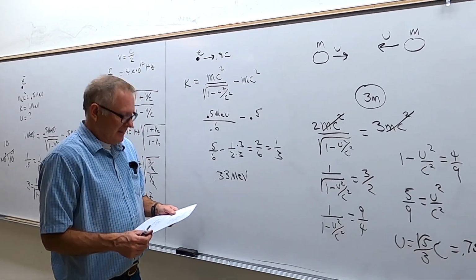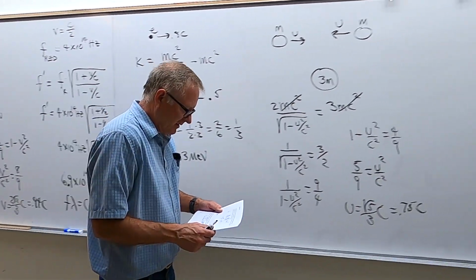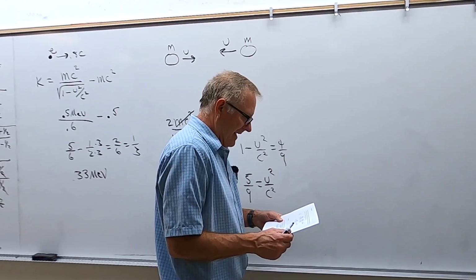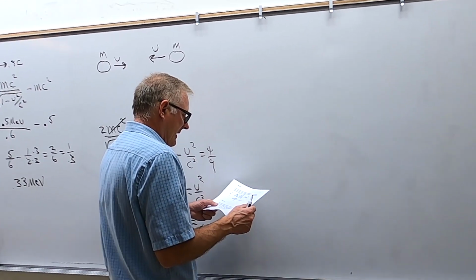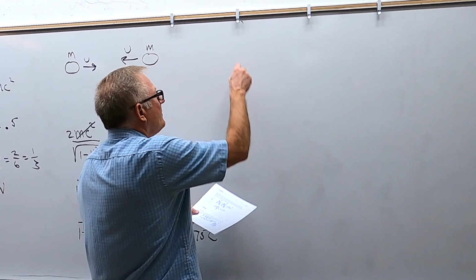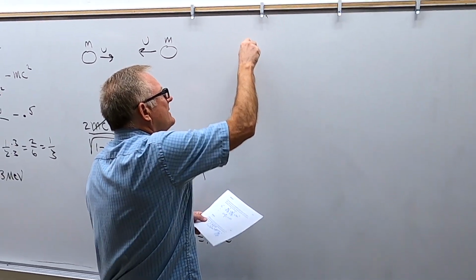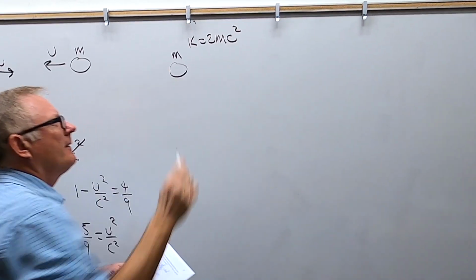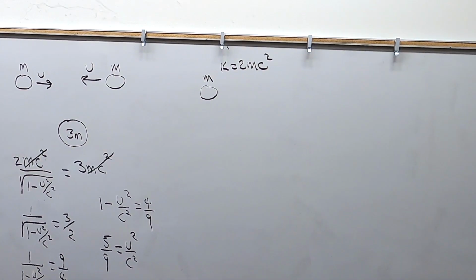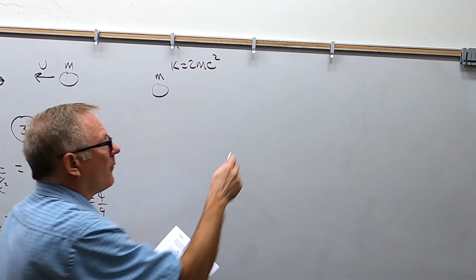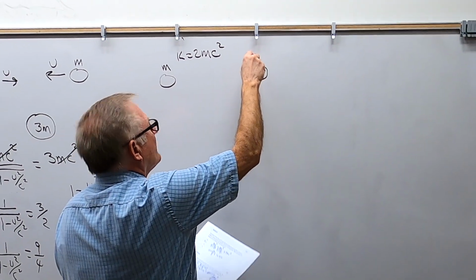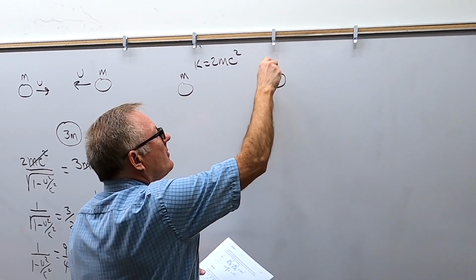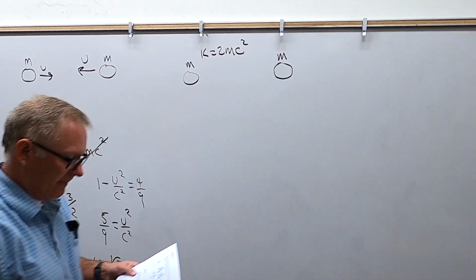Okay, and then the last question here was a particle of mass m and kinetic energy 2mc squared. So here we got a particle of mass m, and the kinetic energy was 2mc squared. It collides with a particle at rest. So this is of equal mass, but this has no kinetic energy.